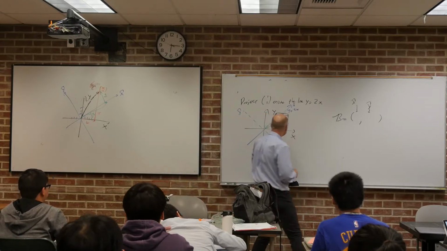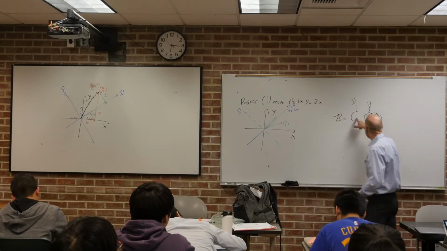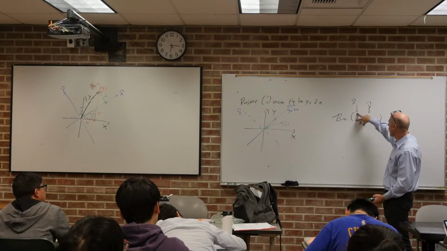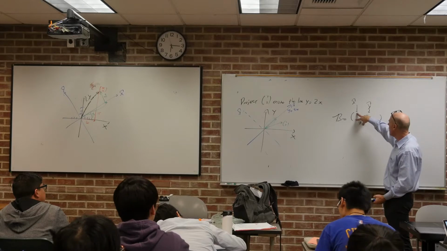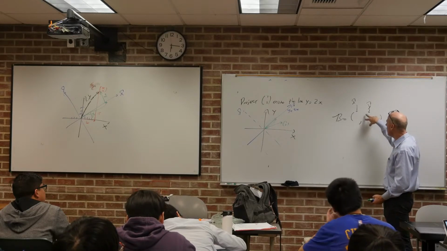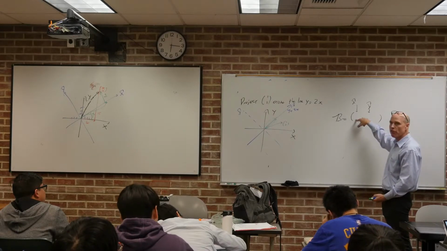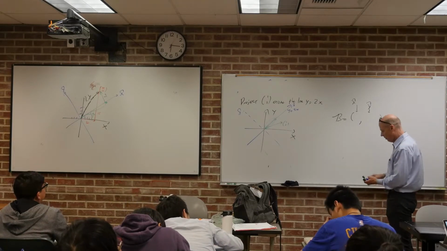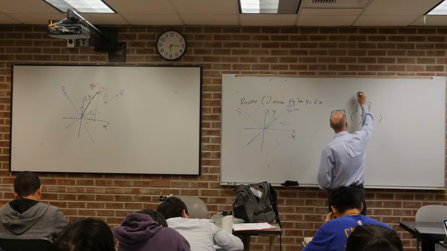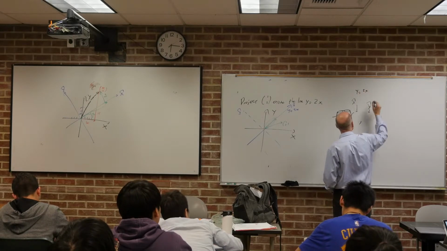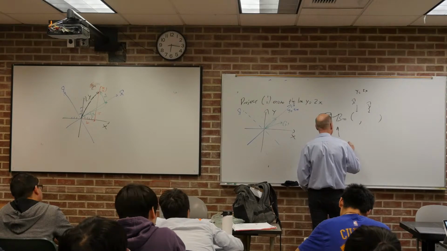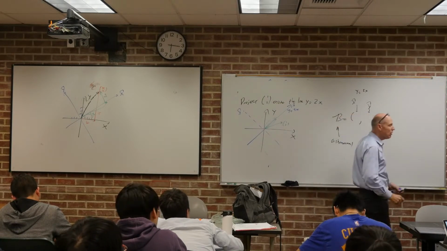Luckily, all I need to know is the vector that corresponds to x hat. And as long as this is an orthonormal basis, I can find that projection just by doing the dot product. So I want x hat to be the y equals 2x line, and I want that to be orthonormal.